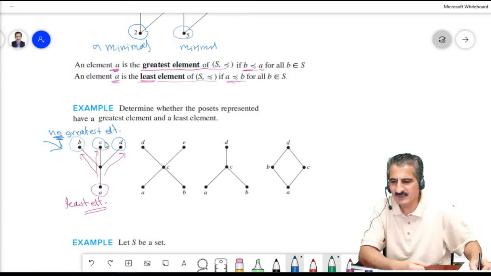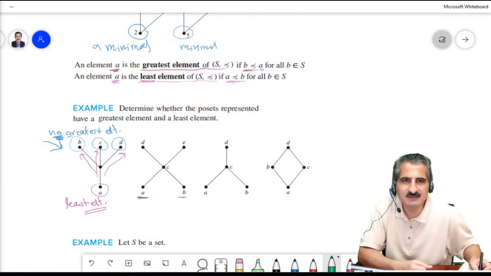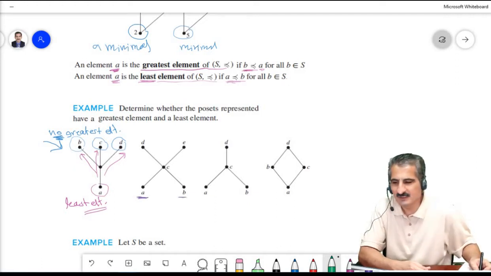What about this one here? Do we have a least element? A least element here? If we think about A, look at B. If we want to say a least element, that means it is less than any other element.